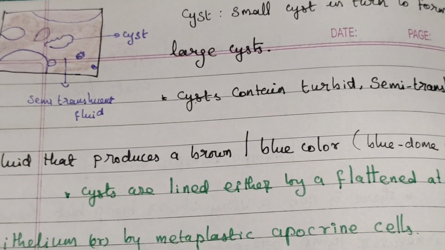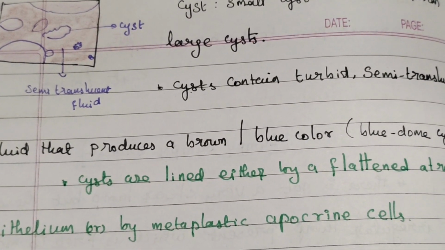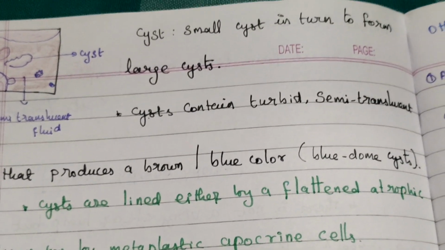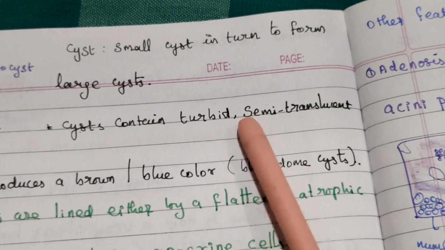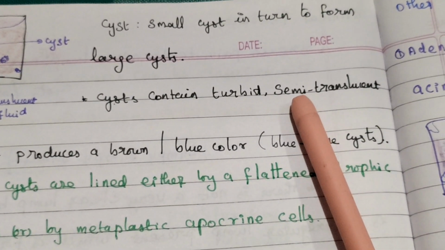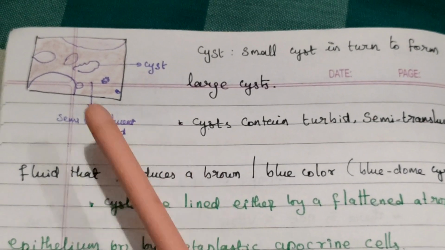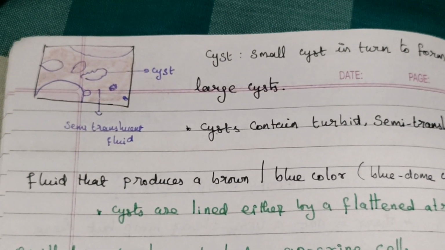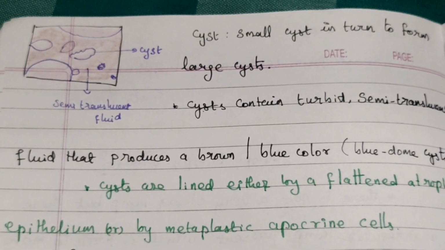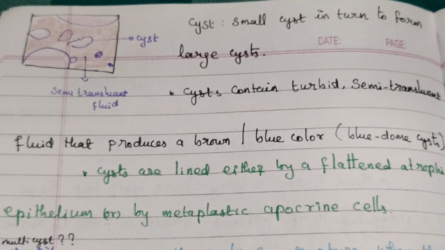The cyst in fibrocystic disease contains semi-translucent fluid, which is brown or straw colored.